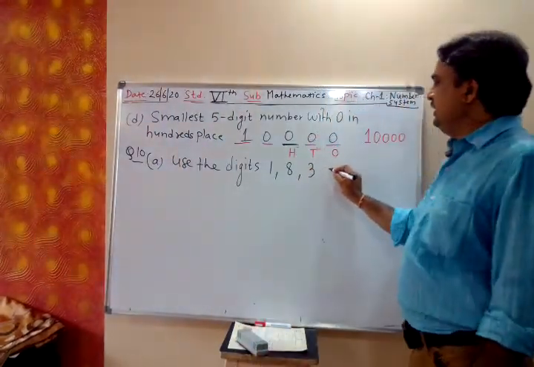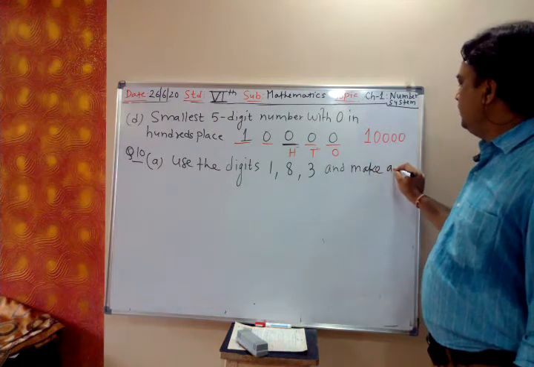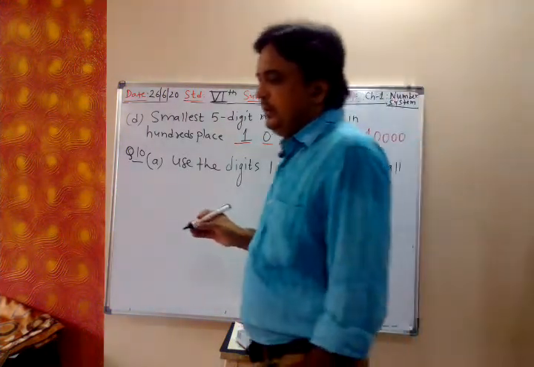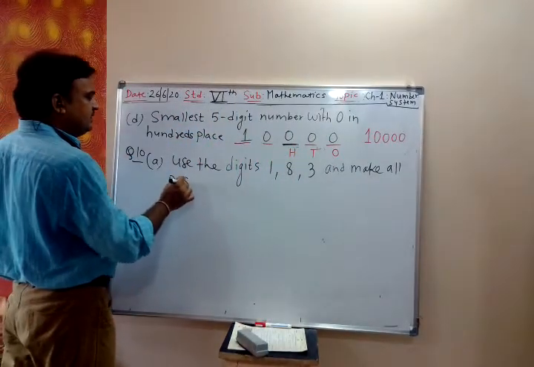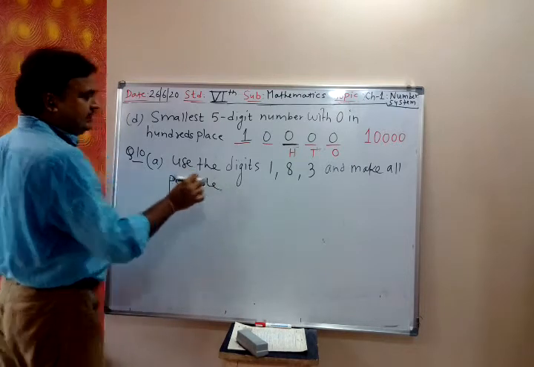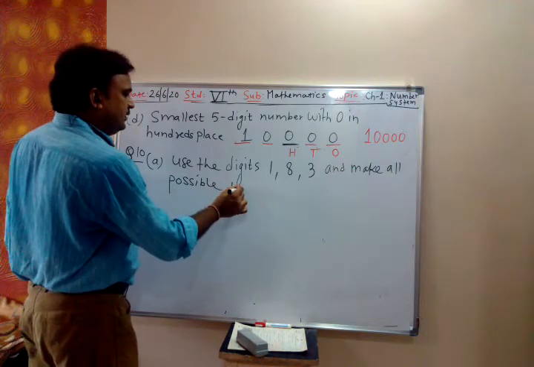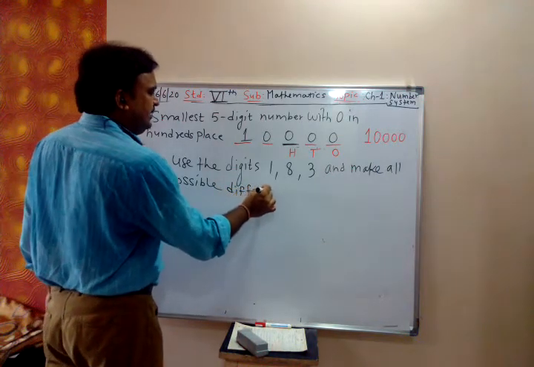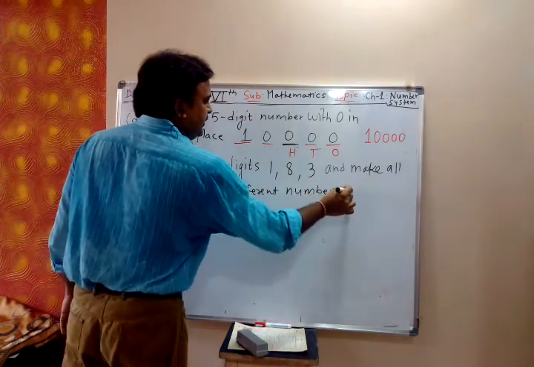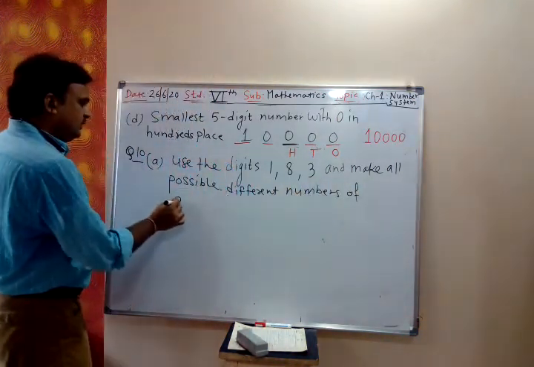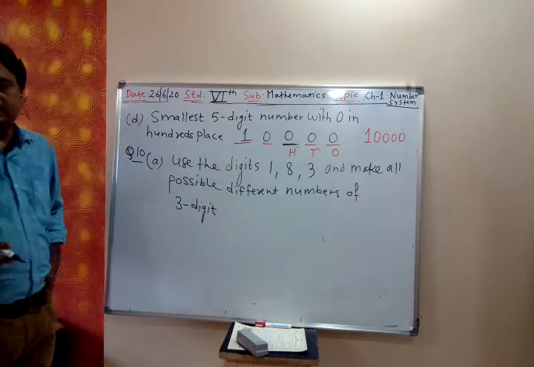Use the digits 1, 3, 8 and make all possible different numbers of 3 digits.